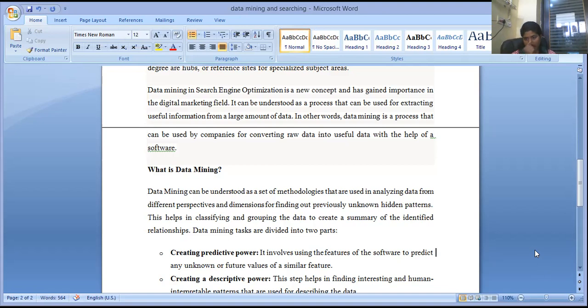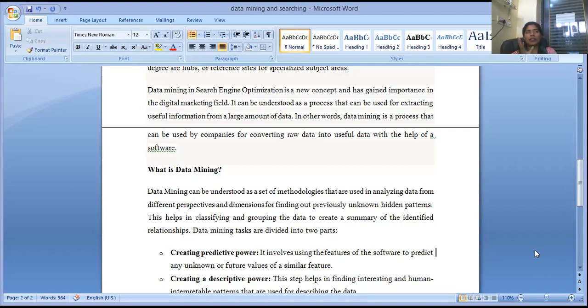Data mining is basically a set of methodologies, techniques or approaches used to analyze your data from different perspectives or dimensions for finding out previously unknown hidden patterns.